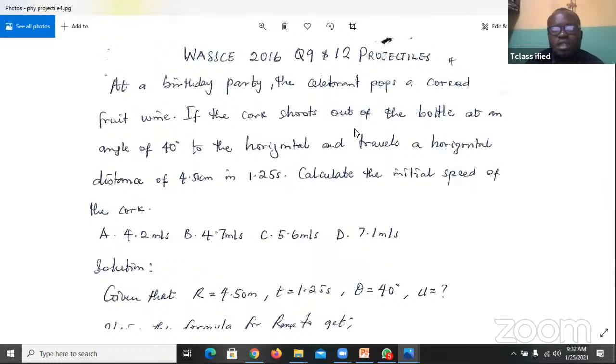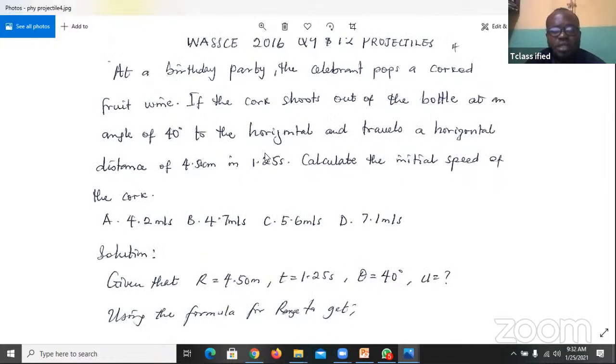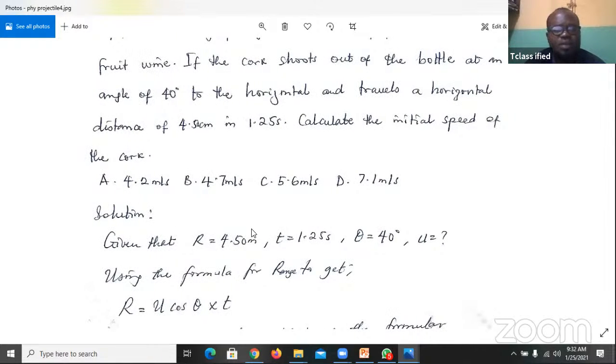If the cork shoots out of the bottle at an angle of 40 degrees to the horizontal and travels a horizontal distance of 4.5 m in 1.25 seconds, calculate the initial speed of the cork. Is it A, 4.2 meters per second, B, 4.7 meters per second, C, 5.6 meters per second, or D, 7.1 meters per second?